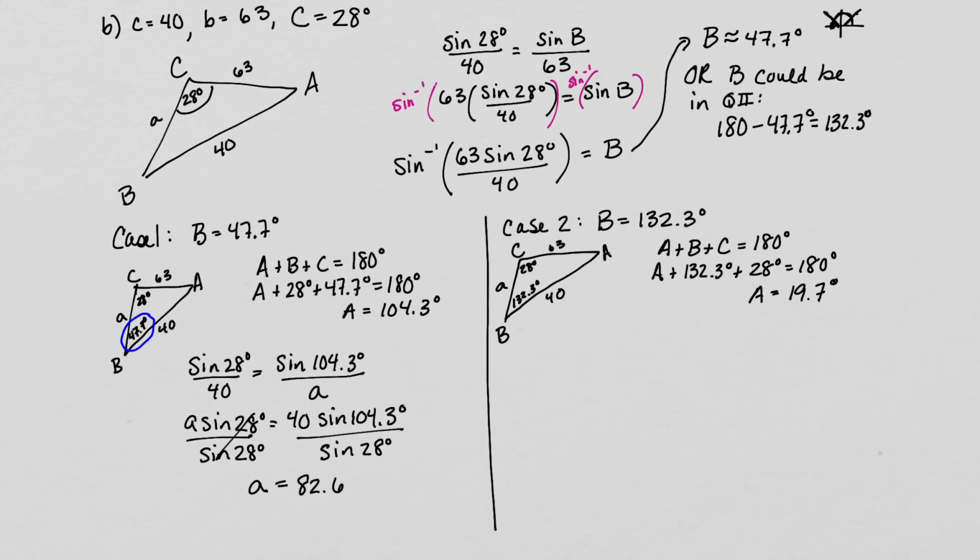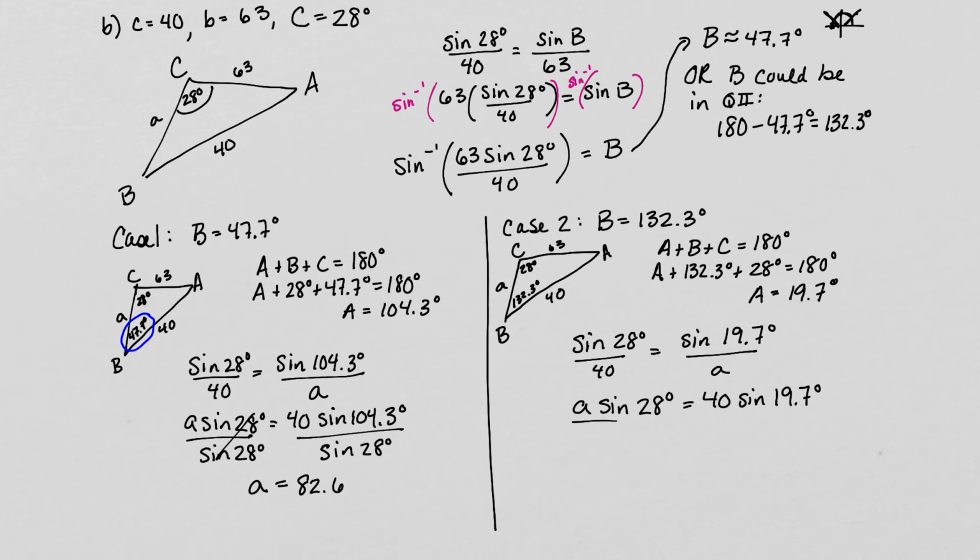And then, just like before, we're going to use the law of sines. So again, the sine of 28 degrees over 40 is going to be equal to the sine of 19.7 degrees over lowercase a. Just like before, cross multiply. a sine 28 degrees equals 40 sine 19.7 degrees.